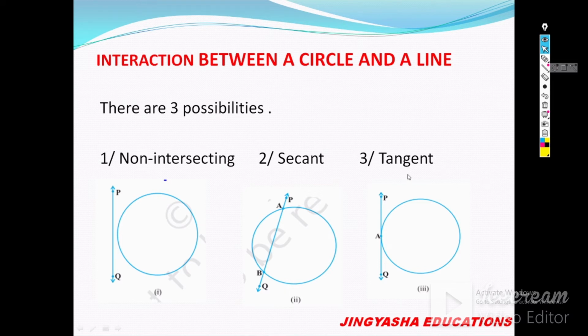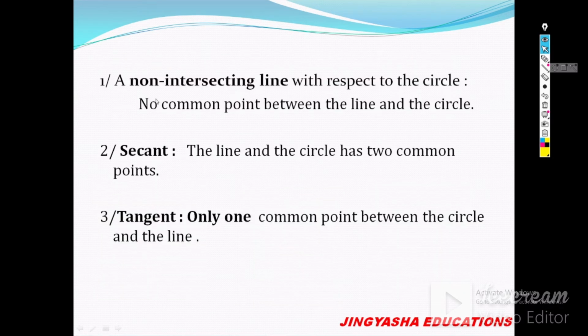Then tangent. Another interesting case can be that the line touches the circle at just one point. It just touches the circle at one point, that is called a tangent. So in this video we will discuss tangents in more detail. These are some of the definitions.